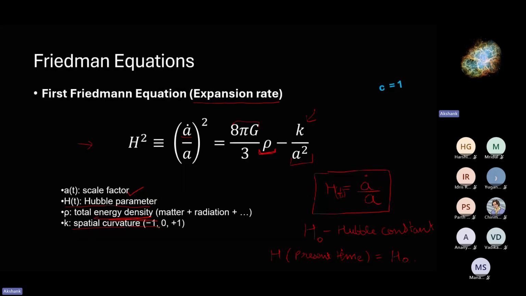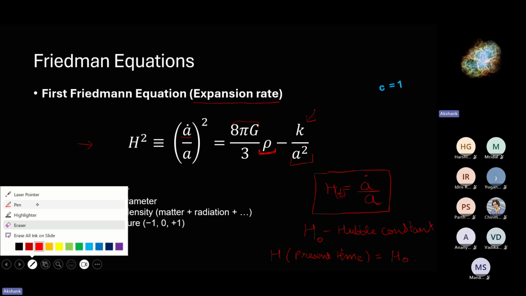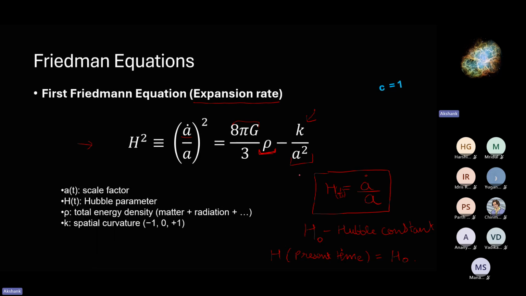So when you put -1, 0, or 1 in this first Friedman equation, you are able to calculate how the universe would expand if it had positive, flat, or negative curvature. Okay, good. So this is your first Friedman equation.